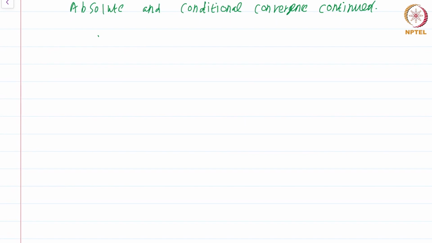Let us continue our study of absolute and conditional convergence. Definition: let summation an be a series.